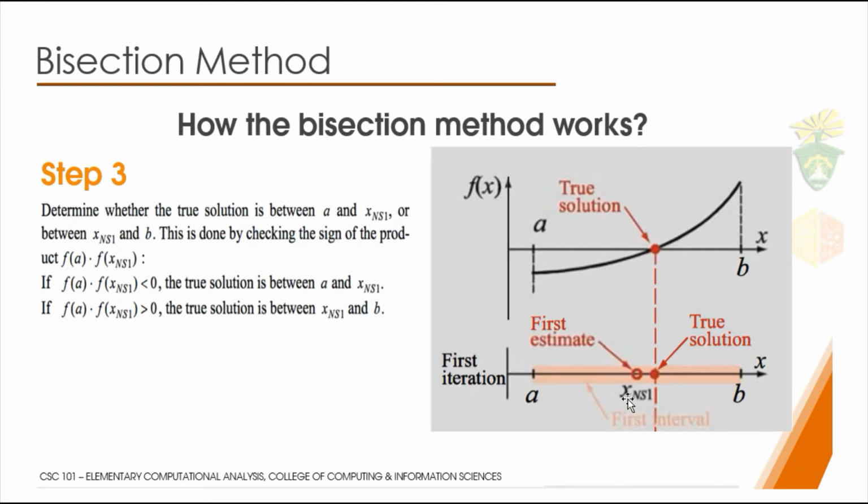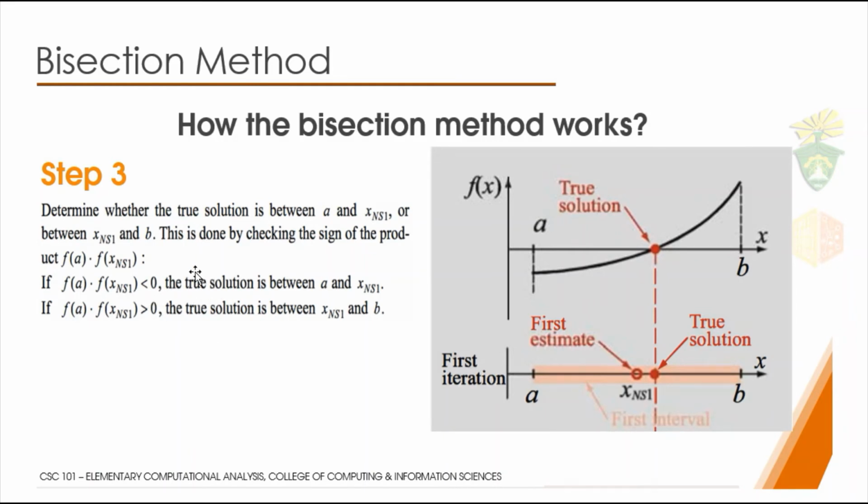So we found our x sub n+1. What we do is check whether the true solution is within the interval from a to x sub n+1, or from x sub n+1 to b. To determine which of these two candidates should be our next interval, we test these conditions.